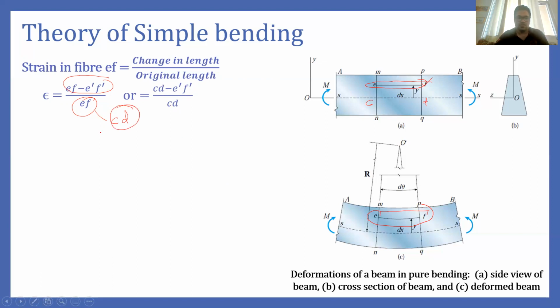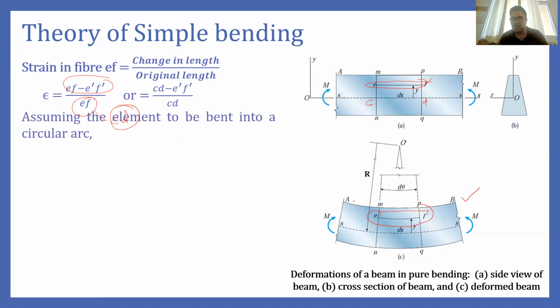Here we will now try to find the value of CD in terms of the radius of curvature. We know that after bending, this beam is bent into an arc having this angle d theta, and from the center it is measured as r d theta.